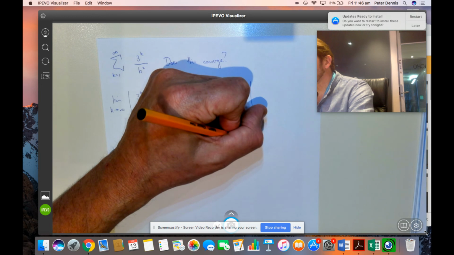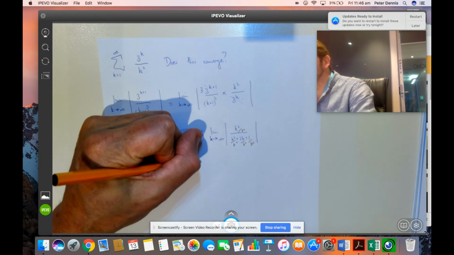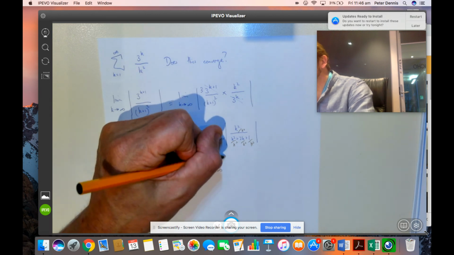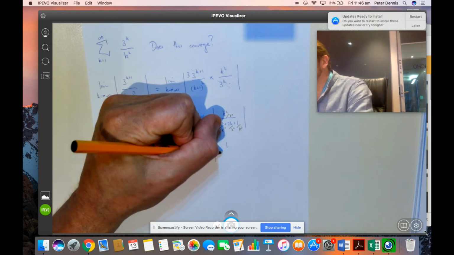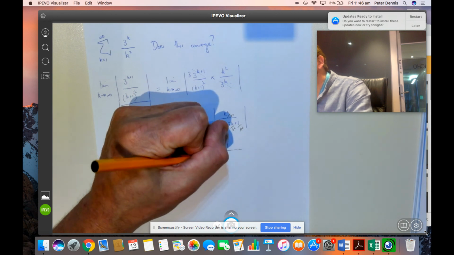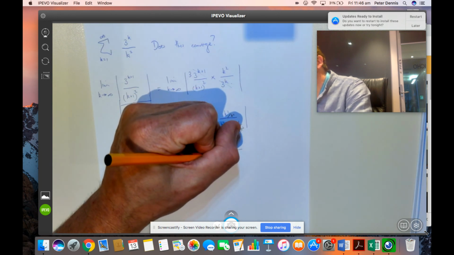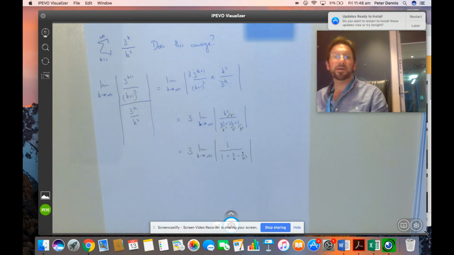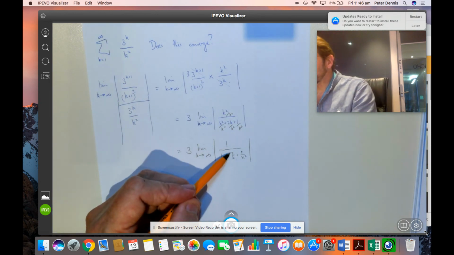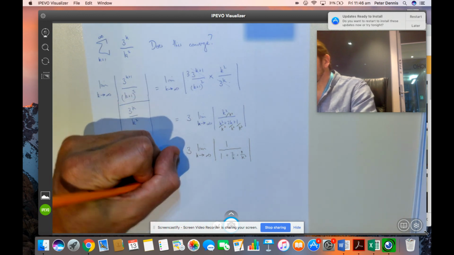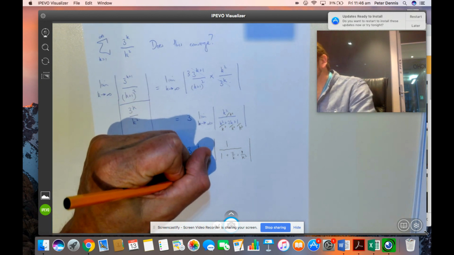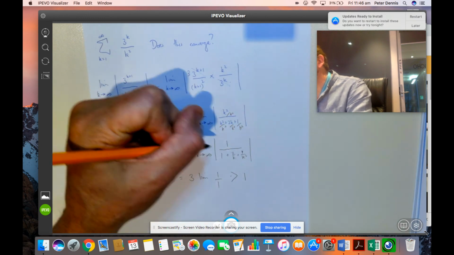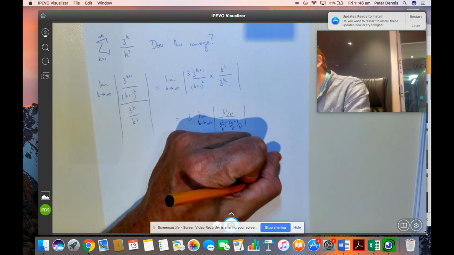And what we get is 3 times the limit as k tends to infinity of 1 over 1 plus 2 over k plus 1 over k squared. Now, as k tends to infinity, this becomes 0, this becomes 0, and we've got 3 times the limit of 1 over 1, which is obviously greater than 1. Therefore, this series is divergent.